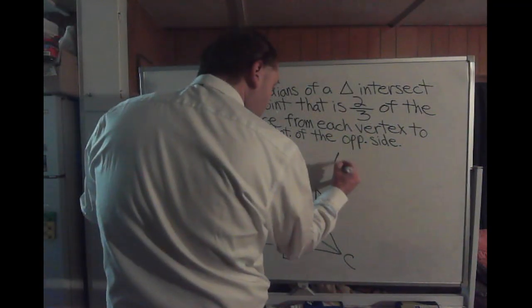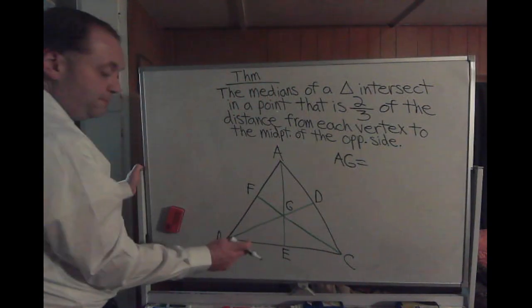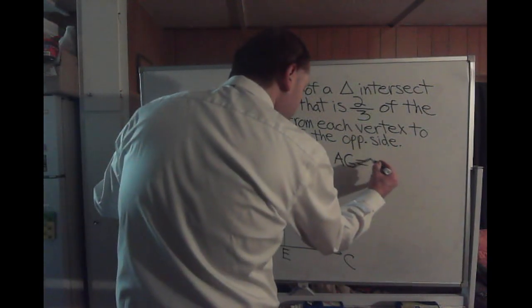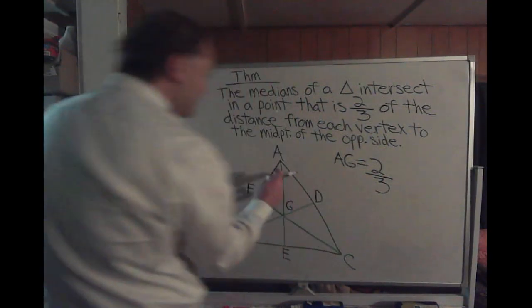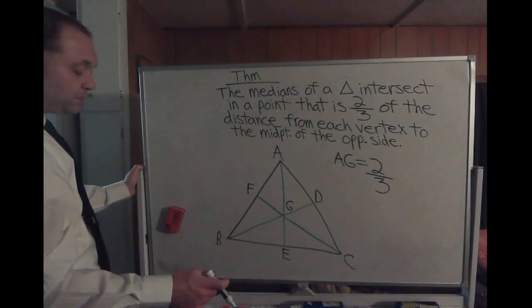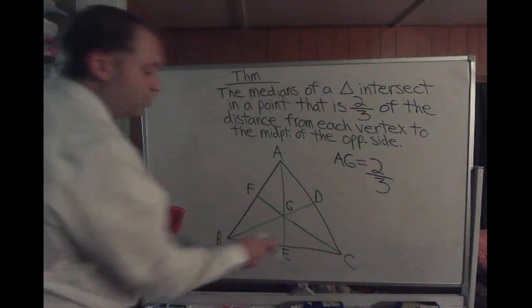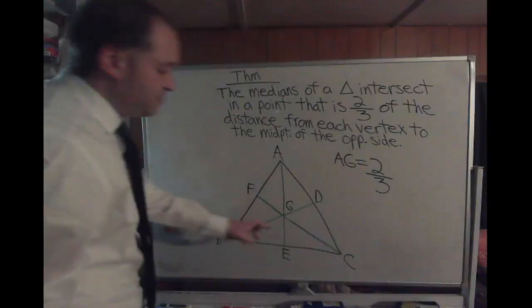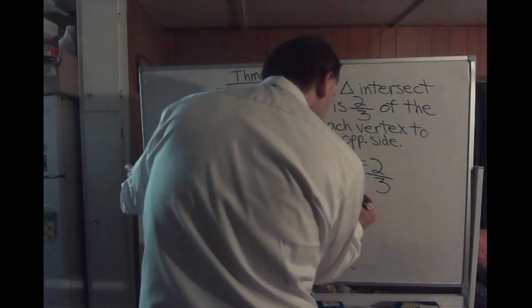What that's saying here, if we look at that exclusively, is that AG is 2/3 of the distance from A, which would have to mean that it's only 1/3 of that. That would have to mean that GE is 1/3 of the distance from the opposite side.